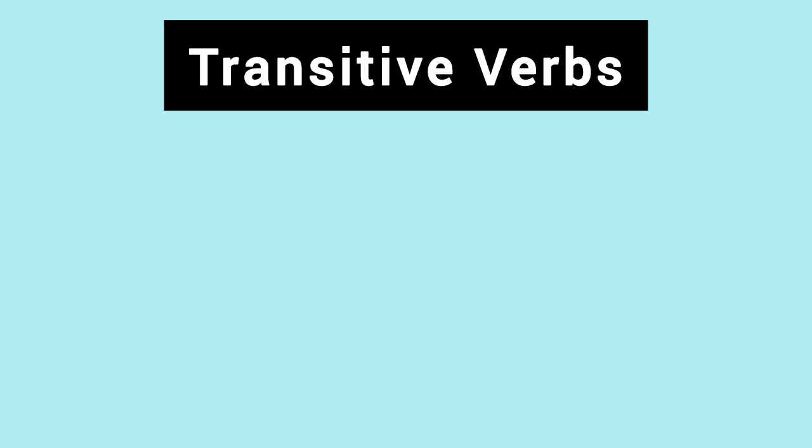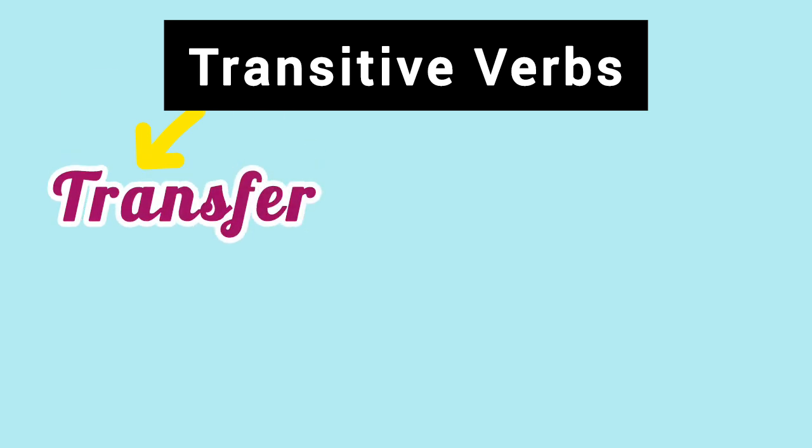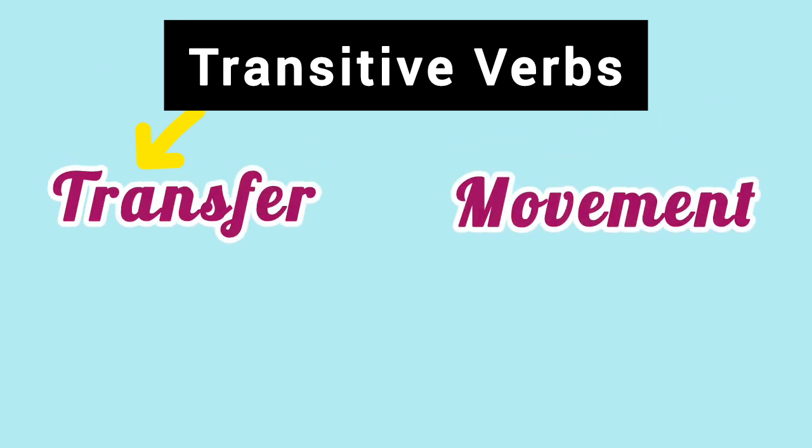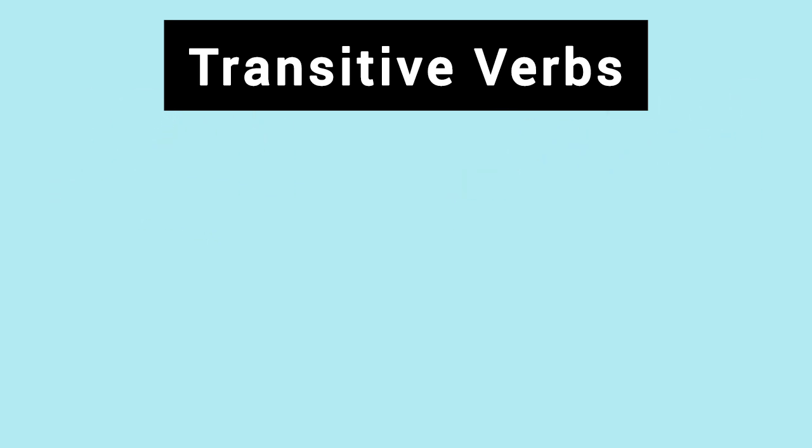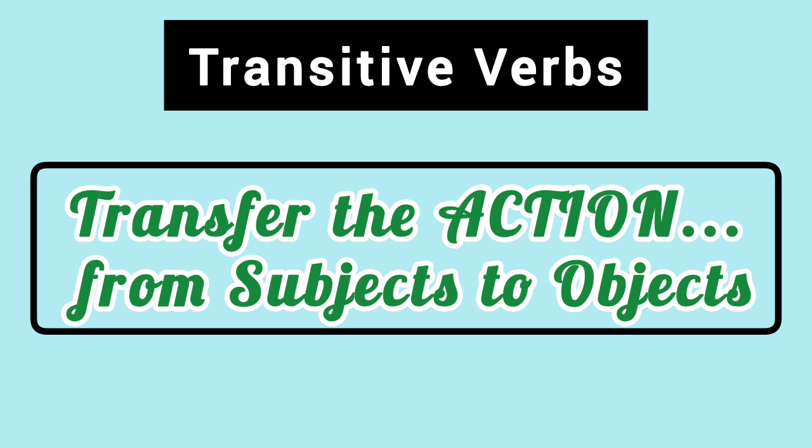These are transfer and move. So, in other words, a transitive verb transfers its action from subject to object. In short, a transitive verb applies the action to the object from the subject.